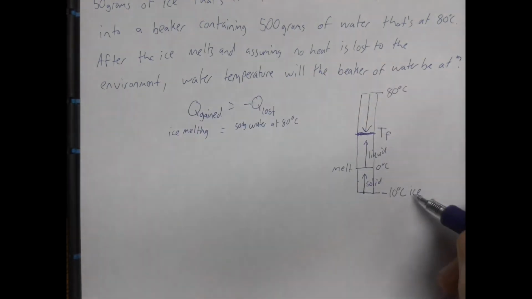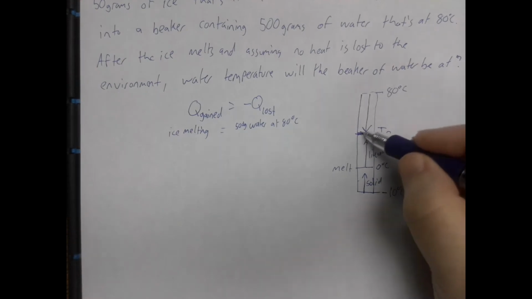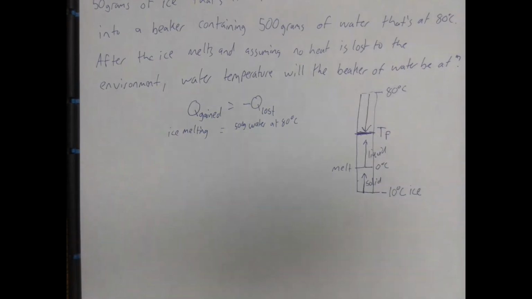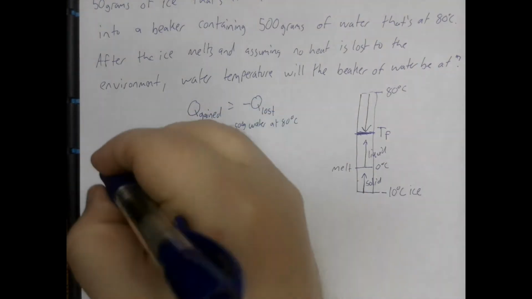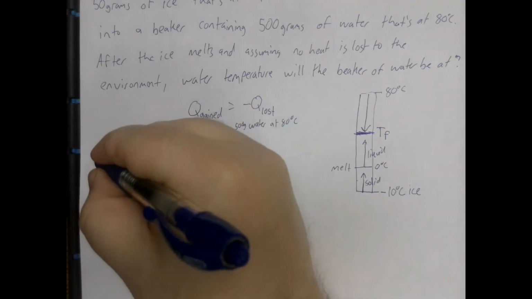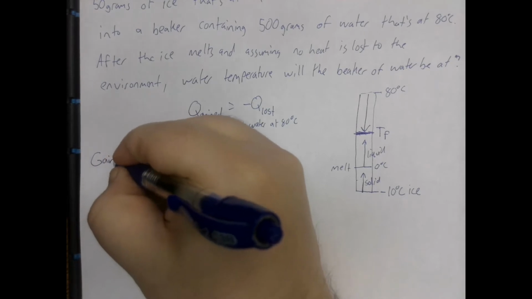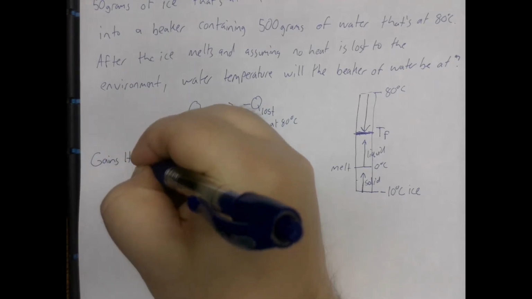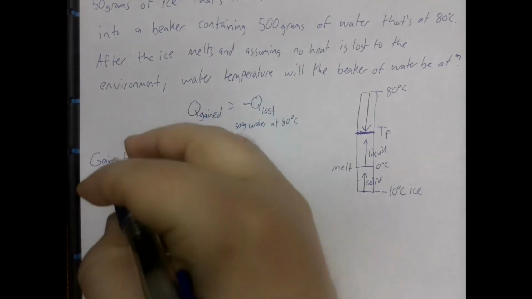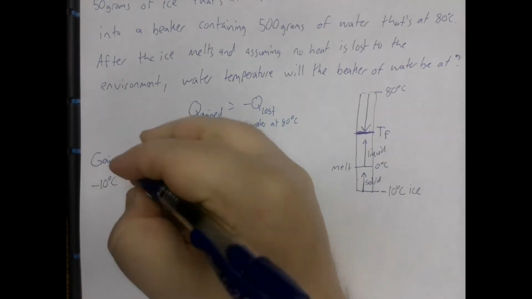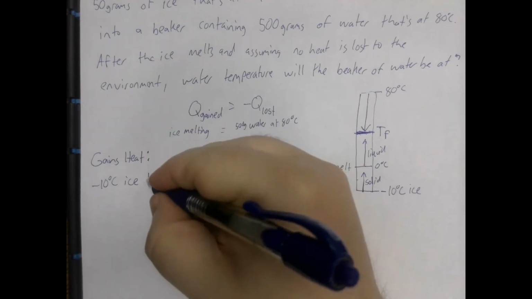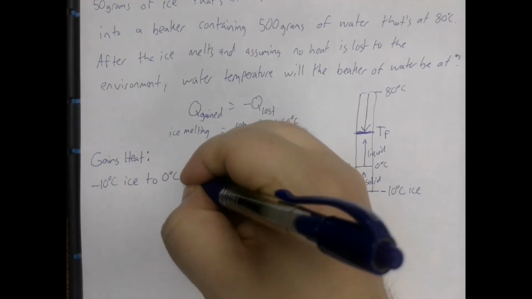So we're going to have the ice gaining energy until it reaches this final temperature. So on this side of the equation, the gains heat side, it needs to go from negative 10 degrees Celsius ice to 0 degrees Celsius ice.